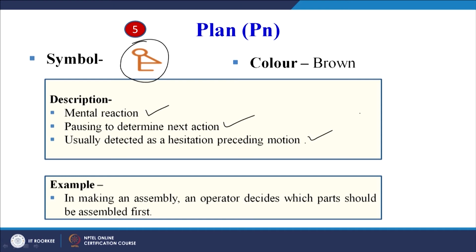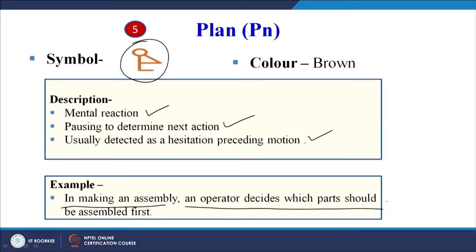So when we are not doing any actual physical work, but we are trying to figure out how to do the next operation, in that case we will put the micro motion symbol or activity as planning. In making an assembly, an operator decides which part should be assembled first. Suppose 3-4 parts have to be assembled, and it is a new work being assigned to a worker, he is not aware which part must be assembled first.